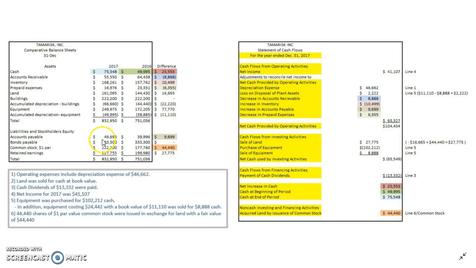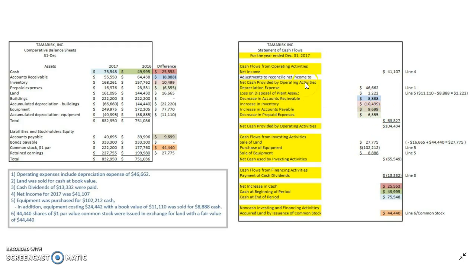All right, now we have an increase in accounts payable. If we look down here, that was $9,699, so for accounts payable, it's an increase, and we're listing $9,699 here. Now we look at our prepaid expenses, and we notice that they went down. When prepaid expenses go down, it's a cash flow in, so we put $6,355 here.